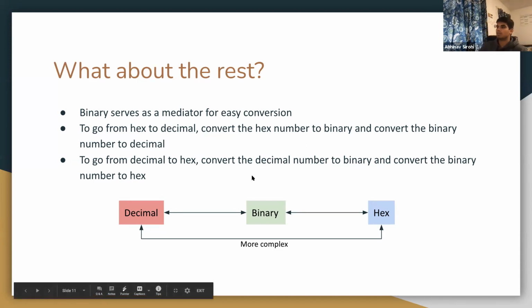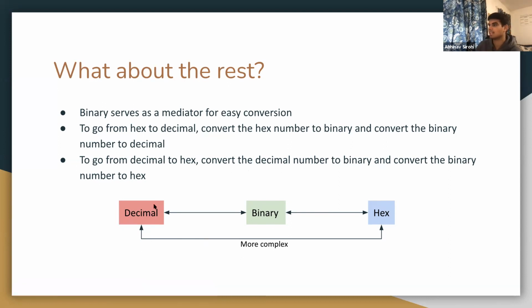So if you want to go from hex to decimal, you just take the hex, convert it to binary, convert it to decimal. And if you want to go from decimal to hex, you just do it the other way around. And so binary makes the conversion easier instead of memorizing another, more complicated algorithm.